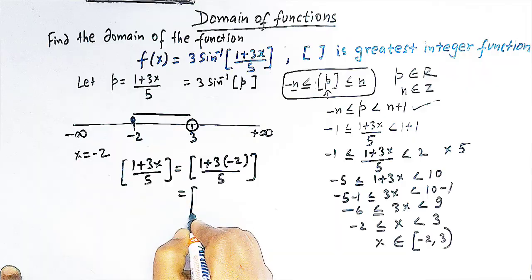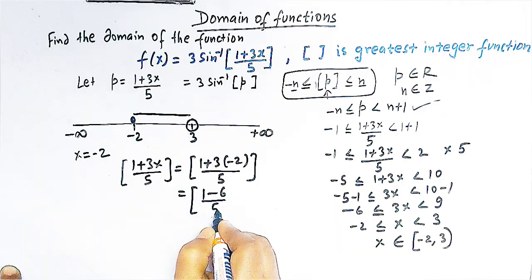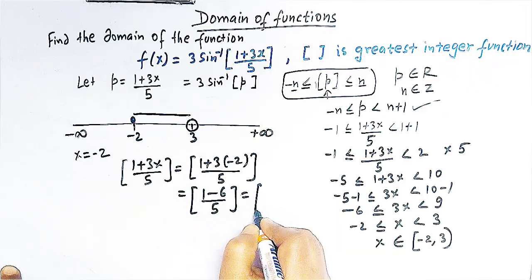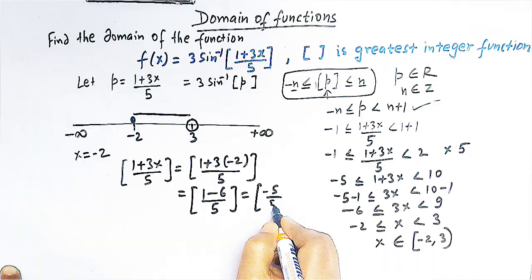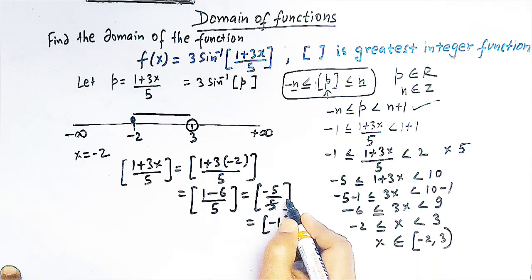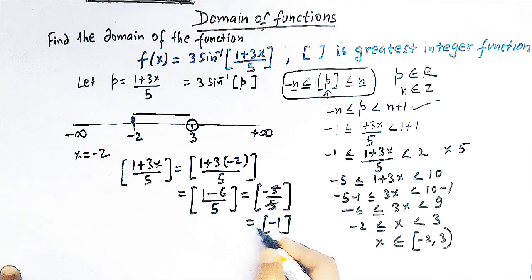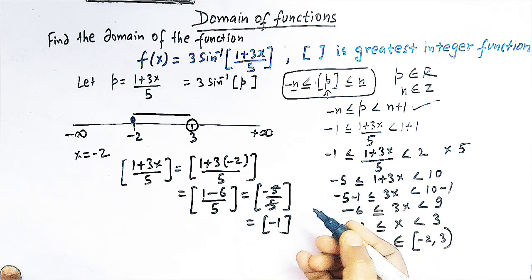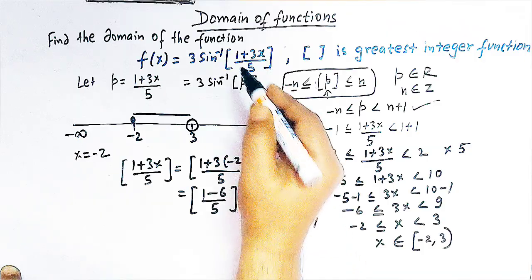So this is (1 minus 6) over 5, and here we have minus 5 over 5, and this is minus 1, right? So greatest integer of an integer is the integer itself, so we have minus 1.